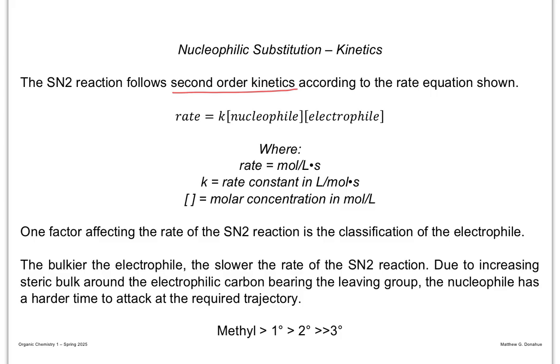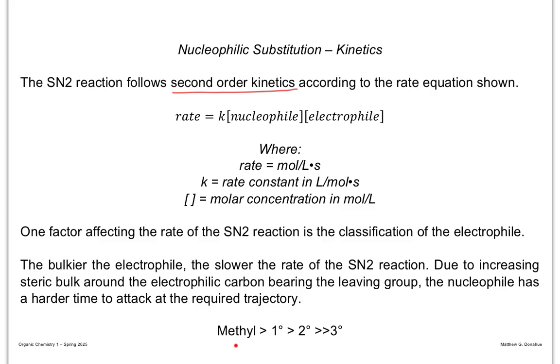So that would be a quantitative way, but for organic chemistry, a more qualitative way of determining rate is the classification of the alkyl halide. The alkyl halide is the electrophile, and really based on the way the electrons flow and their movement, you want a carbon atom that's very unhindered.